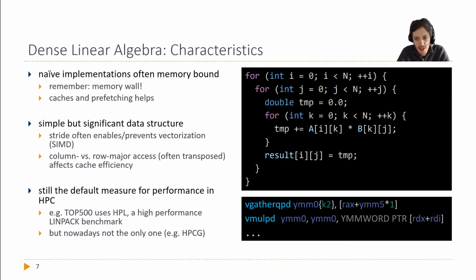Nowadays, we start to move away a little bit from only having linear algebra problems, and we start to move towards problems that are sparse, which will be in the next dwarf we're going to talk about, and other things. So people try to move towards having a more diverse set of benchmarks. I included as an example HPCG, which is a conjugate gradient benchmark, which diverges from this dense perspective and moves more towards sparse matrices, because they appear in, I don't know, Google's PageRank algorithm, or potentially machine learning and so on.